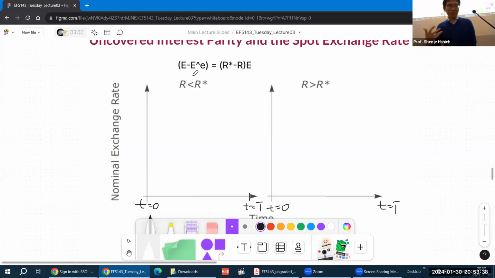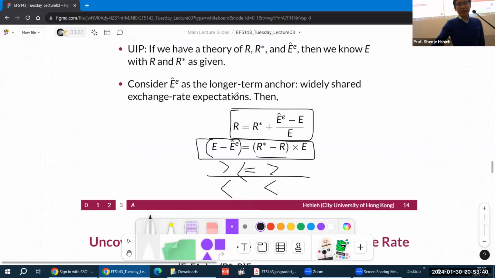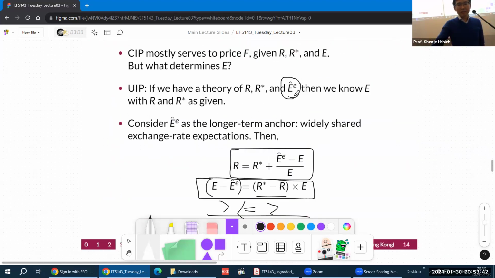For this lecture, let's just assume that E hat E is some anchor. It's something that we don't observe, but we know it's relatively constant because perhaps it's far, far away into the future, maybe 10 years from now. So in that sense, our expectations, our beliefs, anything that happens today most likely won't persist all the way 10 years. This is a strong assumption, but let's assume that it's just some constant.